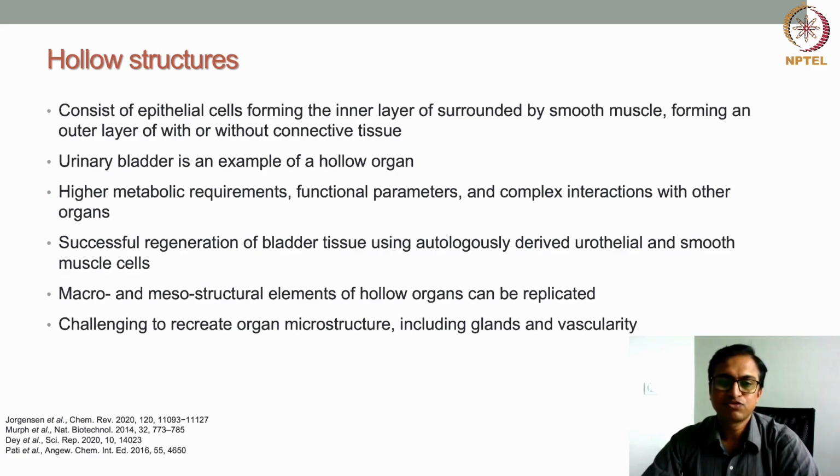So that's a successful regeneration of bladder tissue, where macro and microstructure elements of hollow structure organs can be replicated.